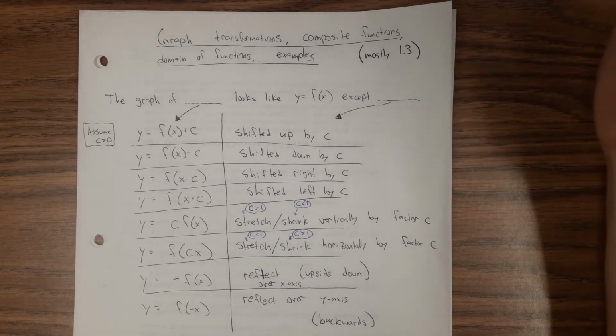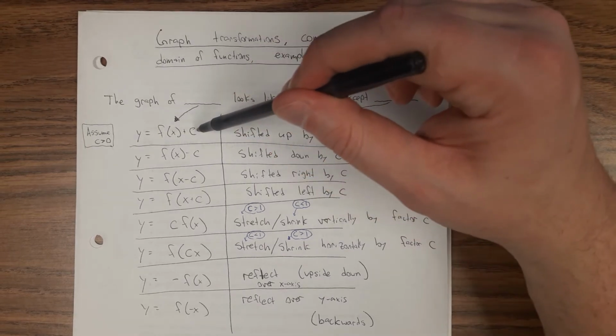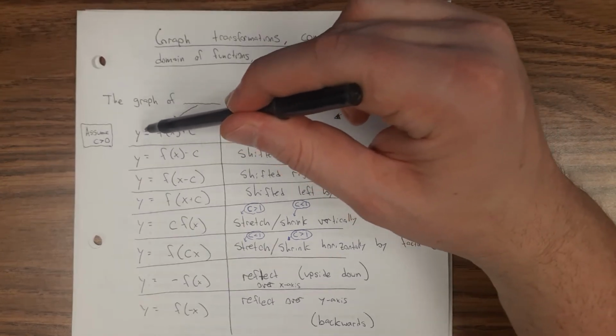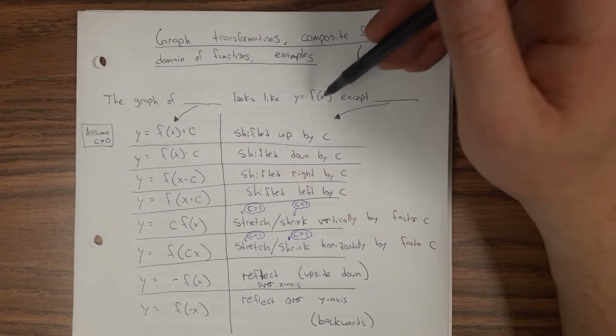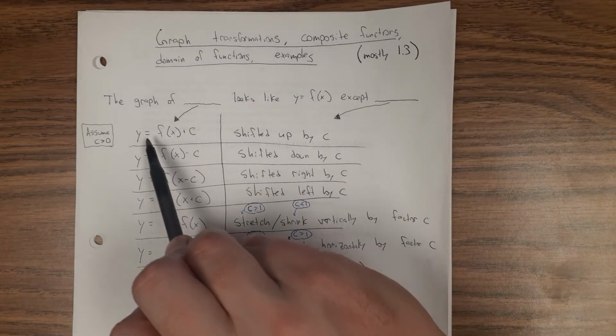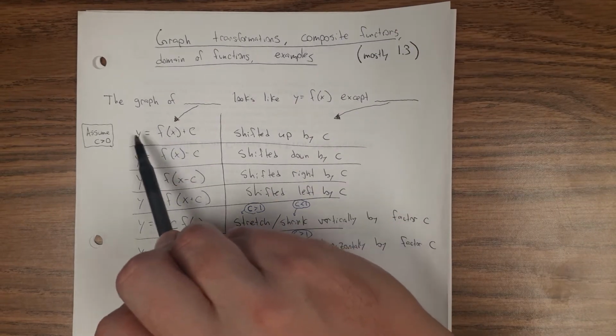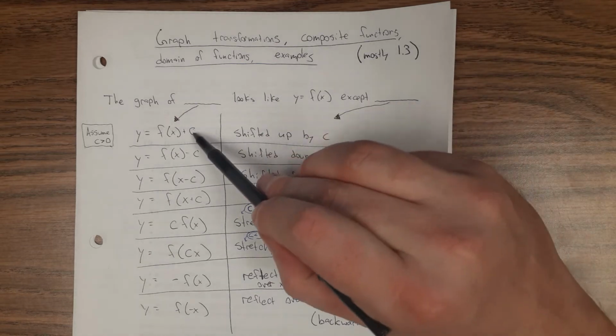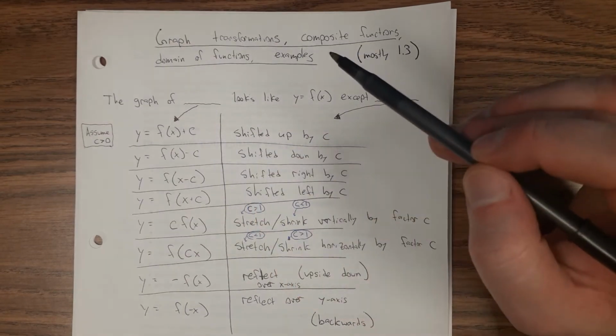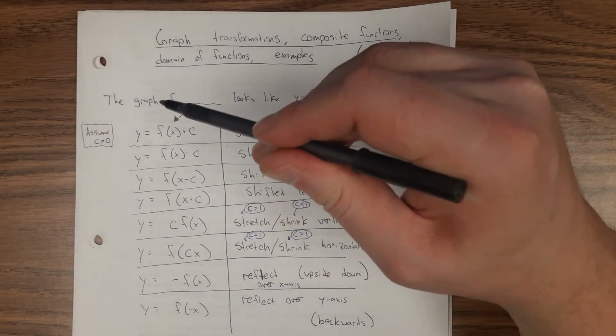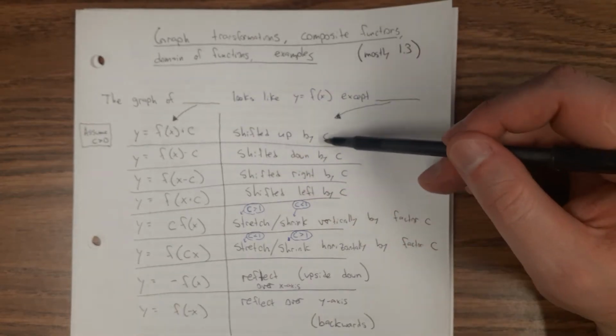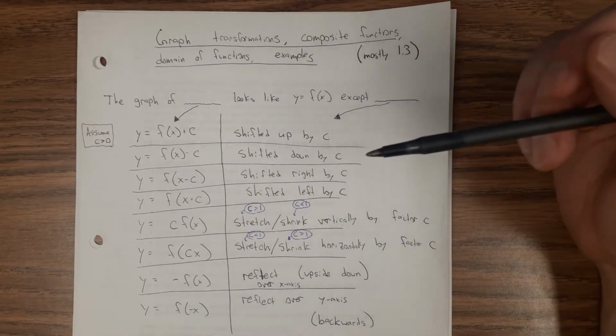For example, this first way is if you know what the graph of y equals f of x looks like, and instead of y equals f of x, I want to graph y equals f of x plus c like this. All that does is take the original graph and shift it up by c units.